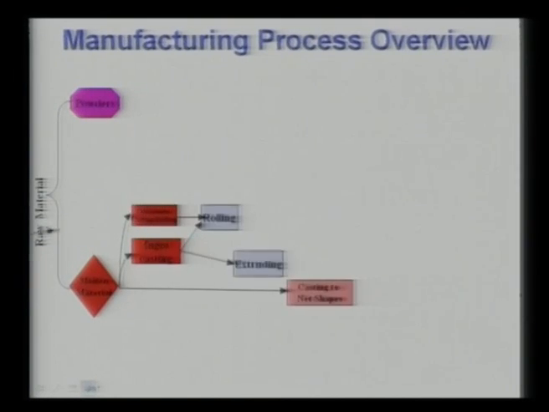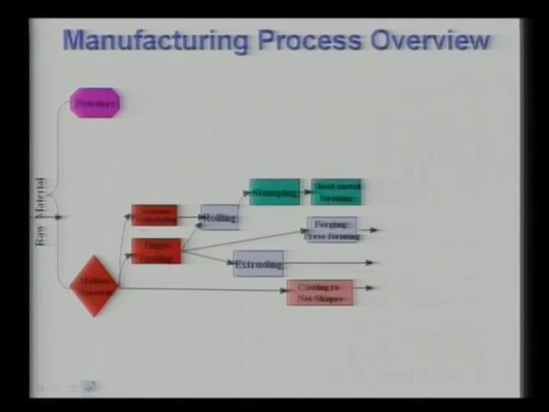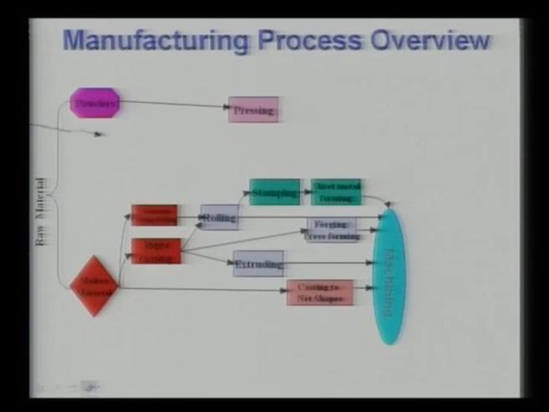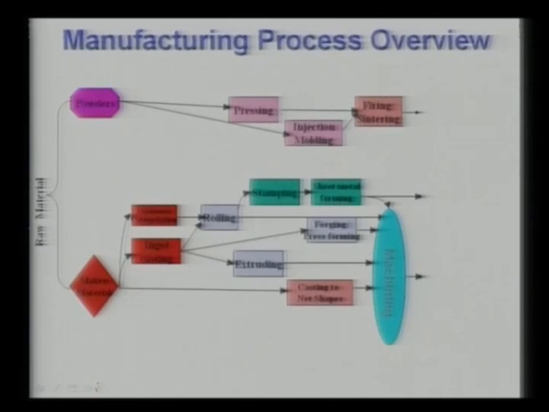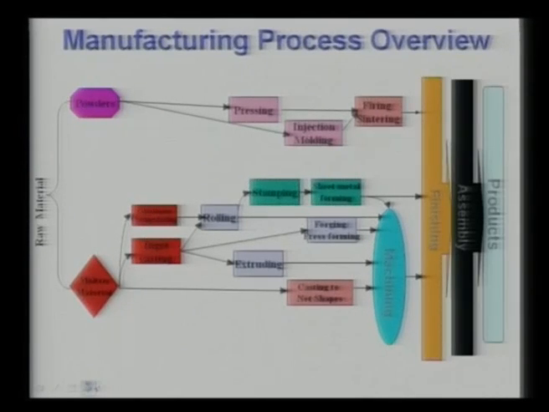Now some idea about the manufacturing processes, like how these materials are manufactured. In this slide I will show you the typical manufacturing routes employed for metals and ceramics. First let us go through the metals.